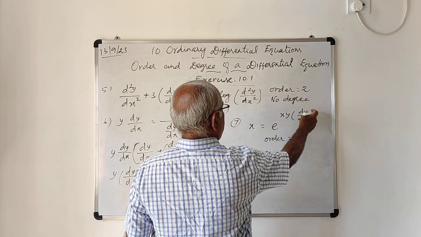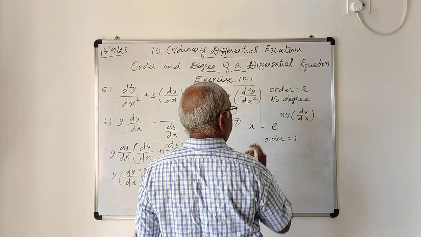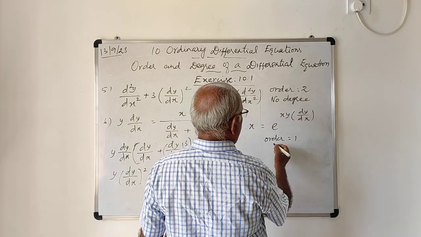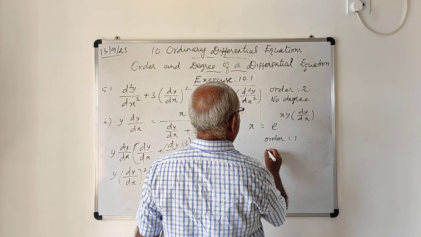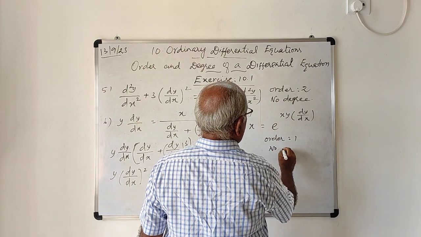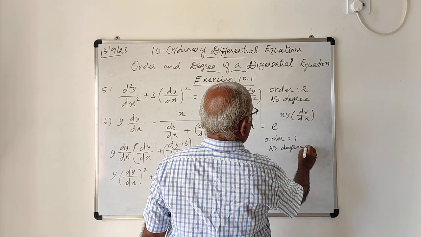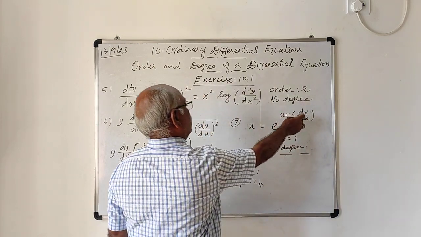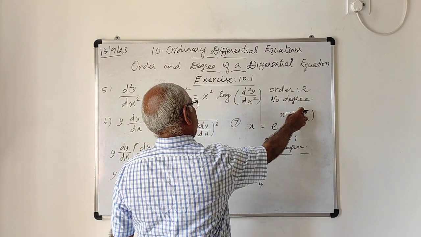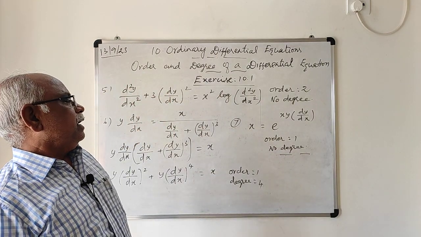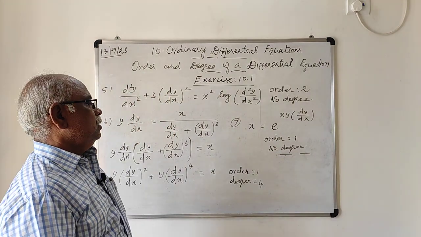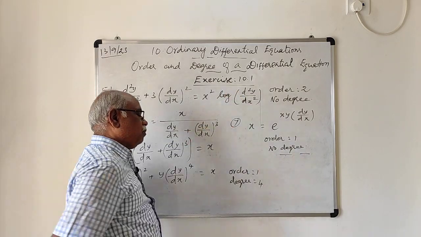But an exponential function consisting of the derivative should not be separated. Therefore, no degree. Order is 1, no degree for this problem, because dy by dx is in the exponential function. That cannot be separated. So that's all about the order and degree of these problems.